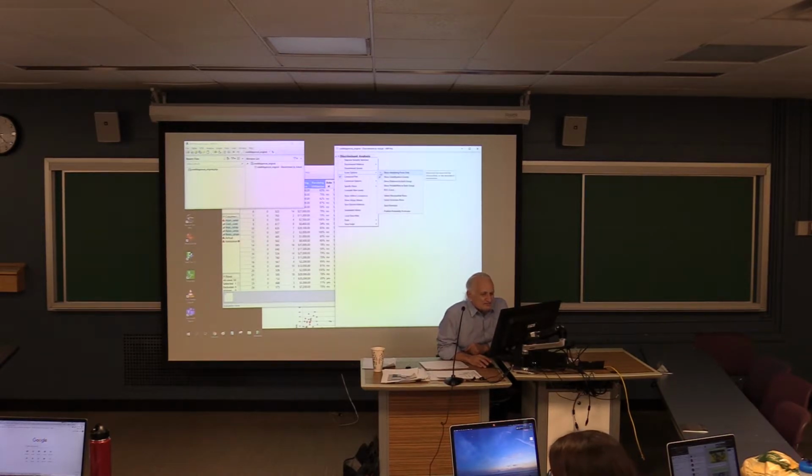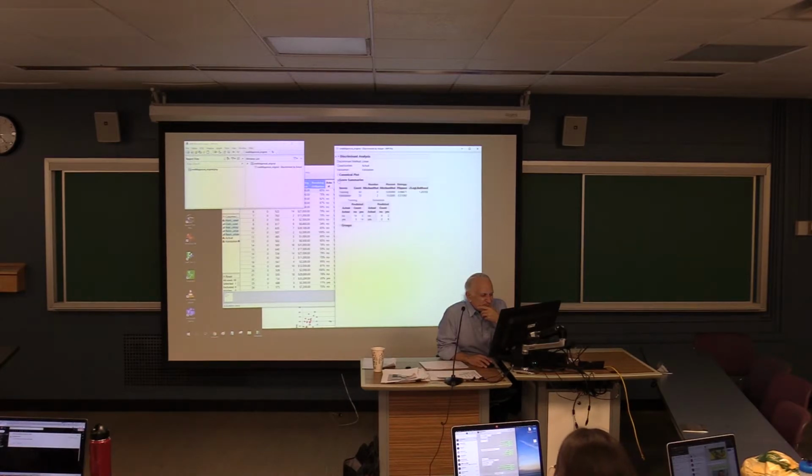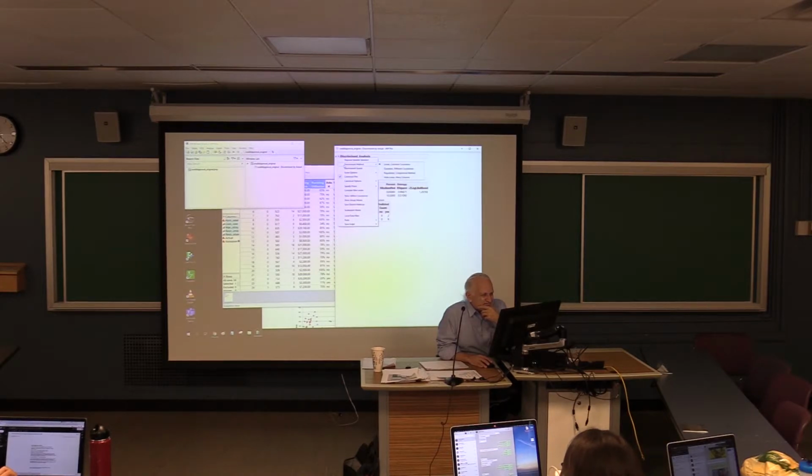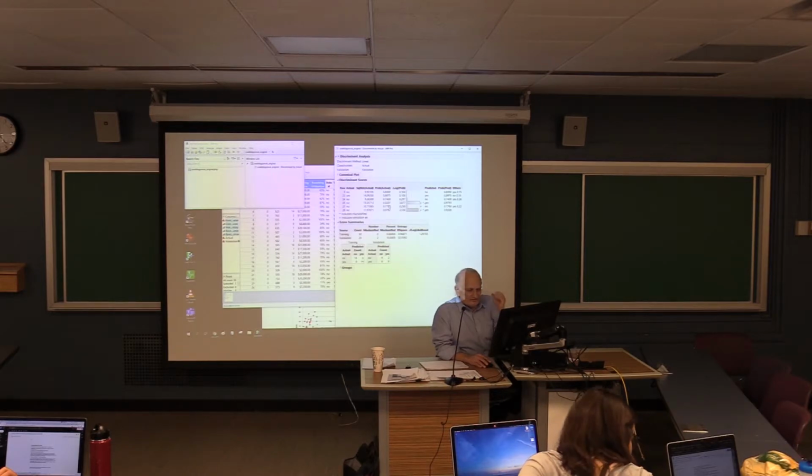Here is where you can do a lot of things. Show interesting rows only, and look at the help. Show only the rows that are misclassified. So if I displayed the discriminant scores, you see, I only see the rows that are misclassified. This is pretty useful.